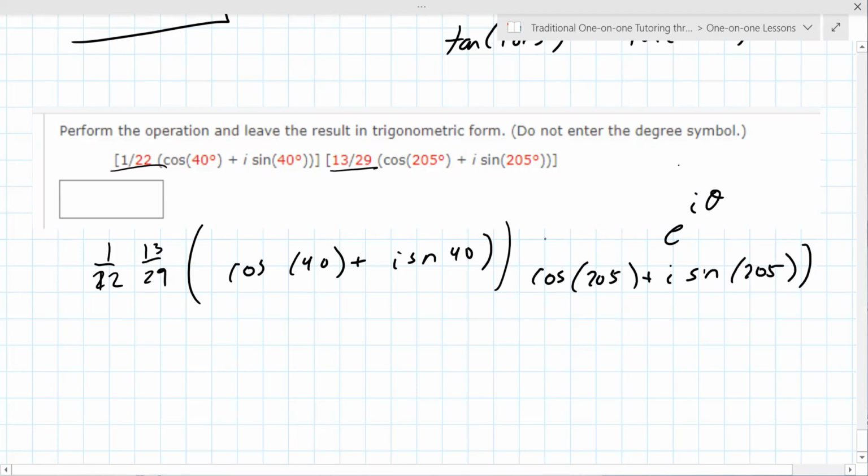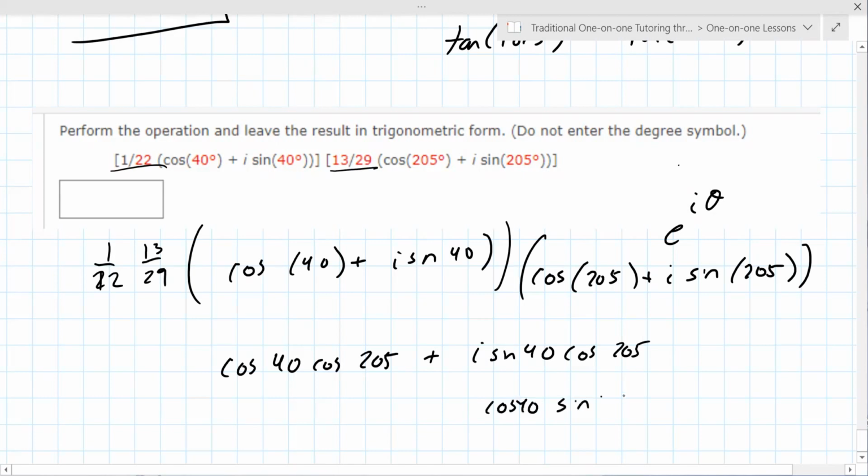All right. So the next step here is to FOIL. You get cosine 40 cosine 205 plus i sine 40 cosine 205. And then you get this other one, cosine 40 sine 205, but it's got an i with it. And then you get the last one, which is i squared, which is -1, so it's negative sine 40 sine 205.